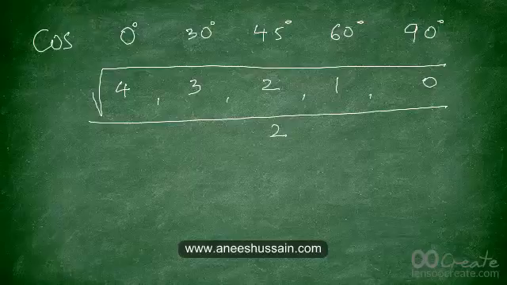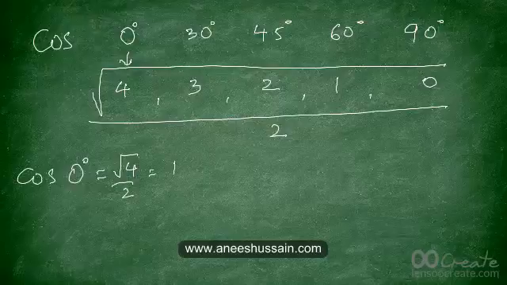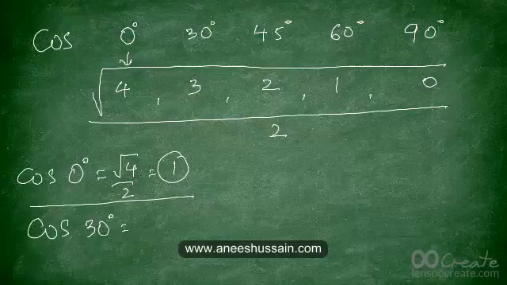So let me ask you, what is cos of 0 degrees going to be equal to? Well, it's going to be root 4 over 2, which is 1. What about cos of 30 degrees? Absolutely, that's going to be root 3 over 2.